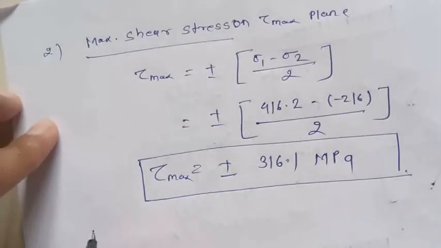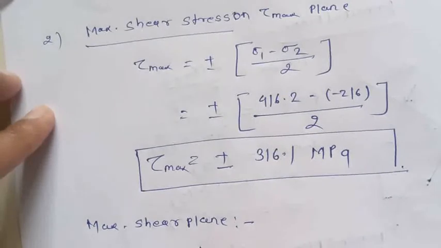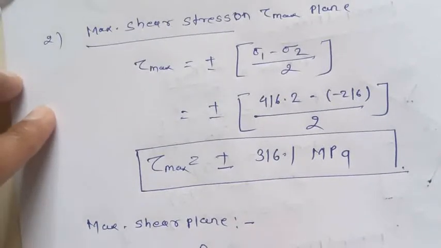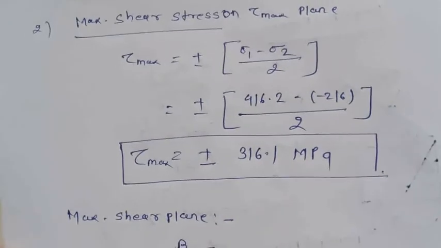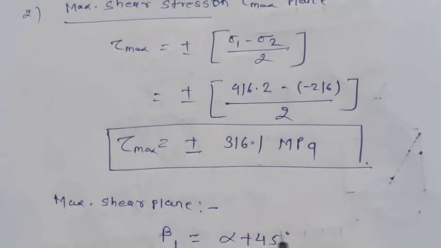And if you want to find out the maximum shear plane, that is beta 1, as we discussed earlier in the formula section of the principal stress, that is nothing but alpha plus 45 degree.